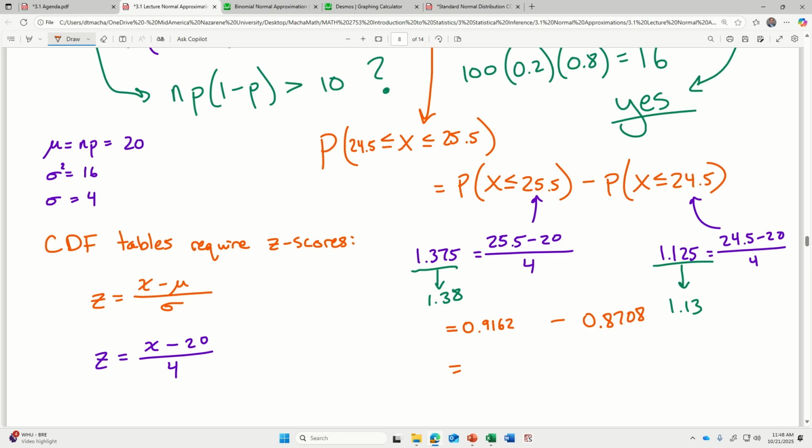And then I subtract. And we get 0.0454, which is 4.54%.